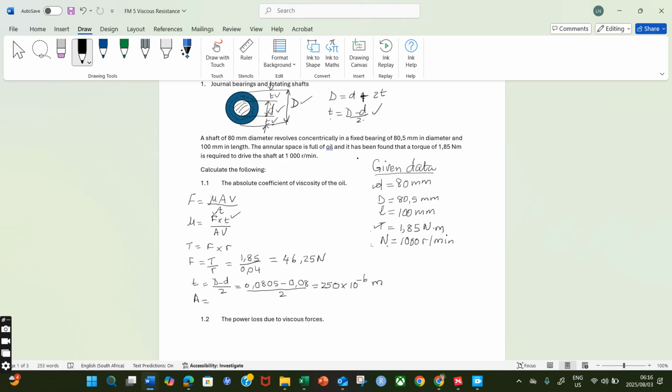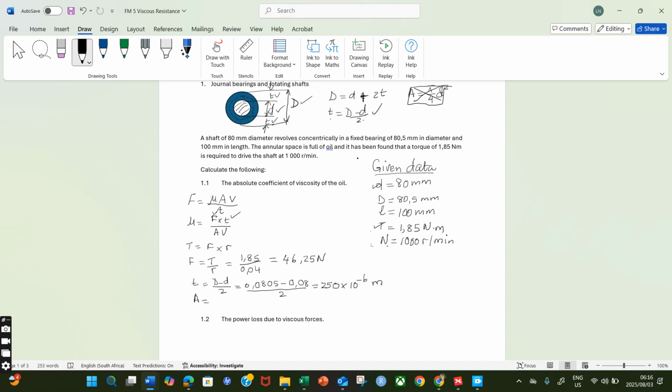Here I need to caution students. In most cases, they love the formula, once they have a circle, they'll say area is pi over 4 d squared. In this case, this formula is not correct because we are not lubricating the cross-sectional area of the shaft, but the outside of the shaft.